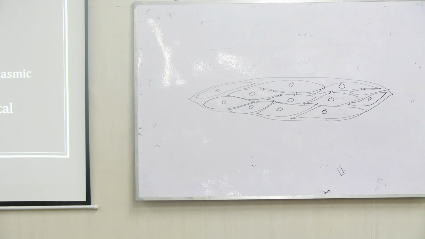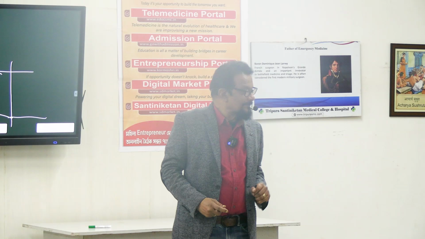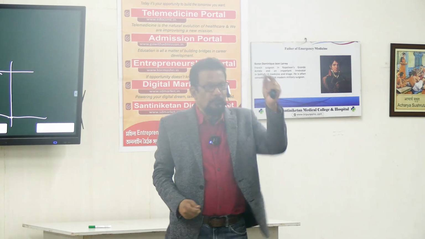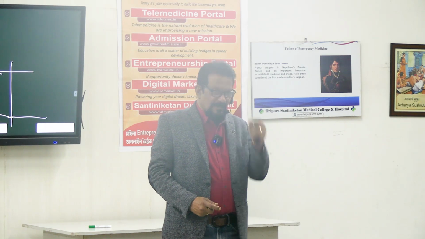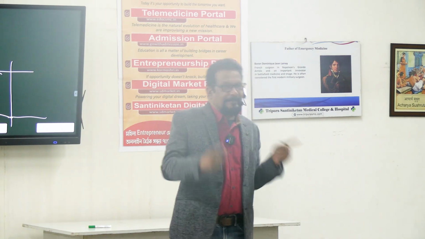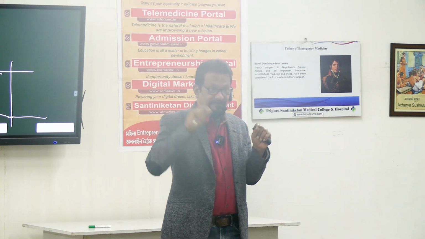Through these junctions, the electrolytes, ions that are present in one cell can diffuse to nearby cells. Sodium ions from here to there it can travel. Potassium ion from there to here they can travel through these junctions.